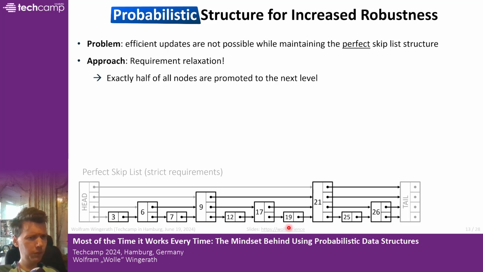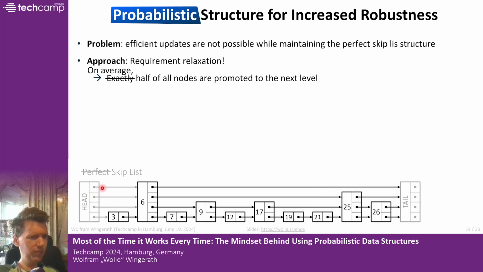And the idea to solve this problem is that our current requirement of having exactly half of all nodes being promoted from one level to the next is relaxed. We say, okay, exactly half of the nodes, not necessarily. Let's say it's kind of an on-average thing. So the perfect skip list that you would actually want isn't the one that you're using in practice. In practice, we're using the best-effort skip list here.